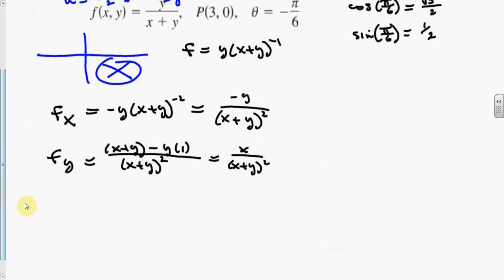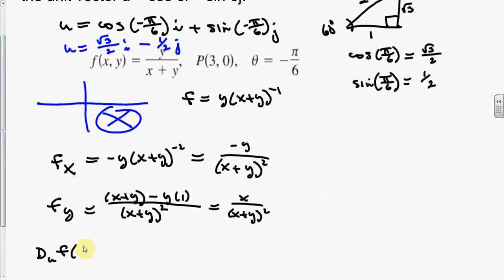Now here's how this function looks. This is the directional derivative in the direction of u of the function f, evaluated always at p, so evaluated at 3, 0.